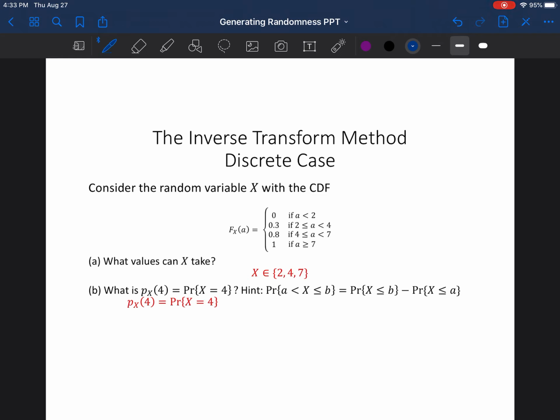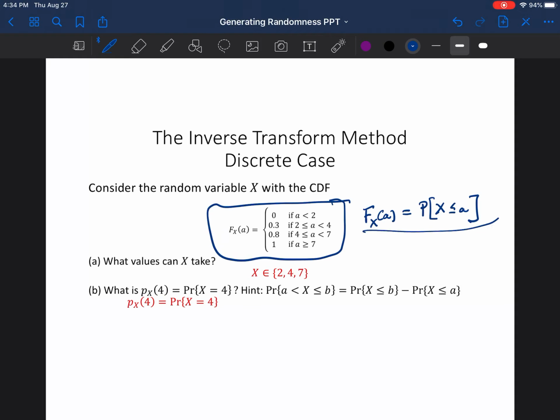So we're going to start with an example. We're going to use a discrete random variable first for our examples, and it has this CDF here. Recall that this CDF means F_X(a) is the probability that X is less than or equal to a.